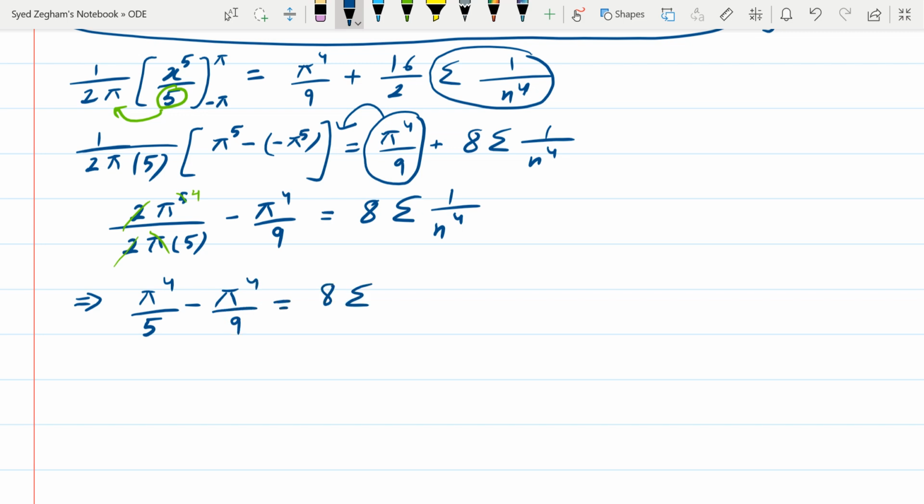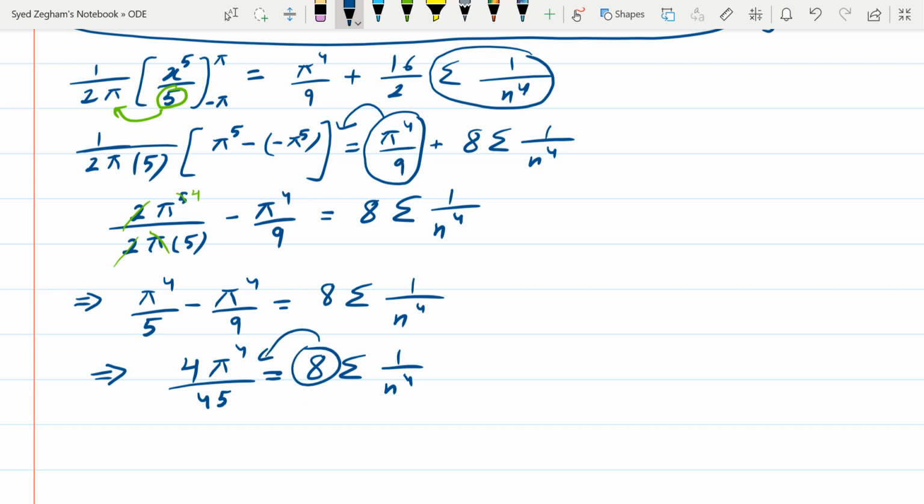That is 8 times summation 1 over n to the power 4. So this gives me pi power 4 by 5 minus pi power 4 by 9. So after simplification, this will become 4 times pi power 4 over 45. This is 8 times summation 1 by n power 4. And now this 8 you can shift to the left side.